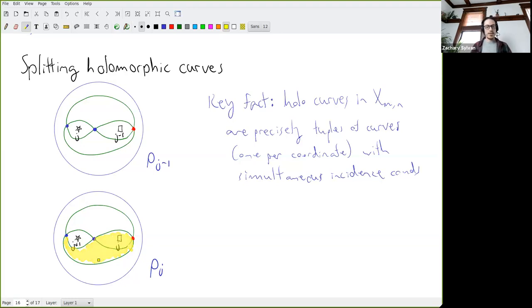In the base, this is a disk with one blue corner and no other corners a priori. And it passes through this divisor DJ. And so in the fiber, I need to draw some disk that passes through the divisor DJ.